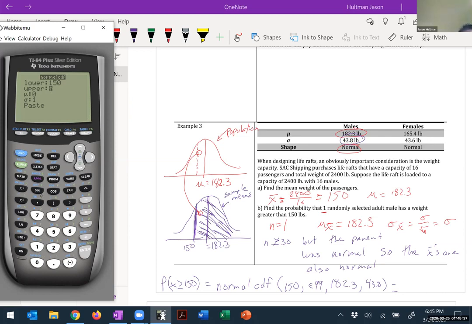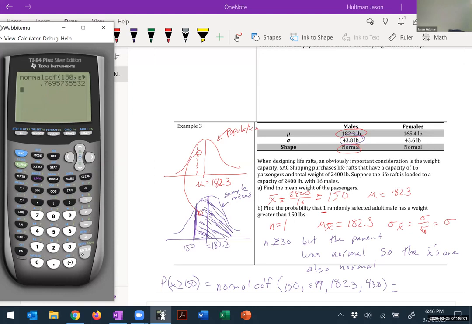So that's E99. Then what's mu? Mu is 182.3. And the standard deviation is 43.8. I'm going to paste that and then calculate it.